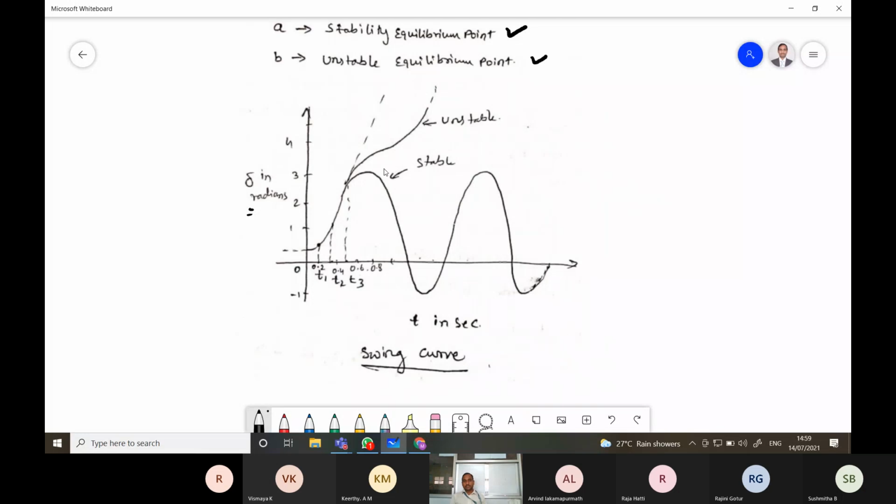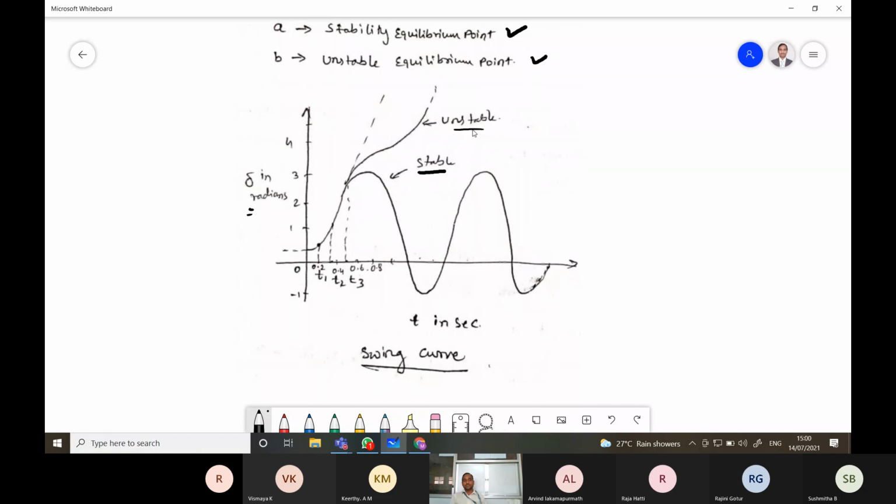The delta angle is going to change continuously, and finally it will reach the steady state. If it is swinging like this, then it is called a stable position.